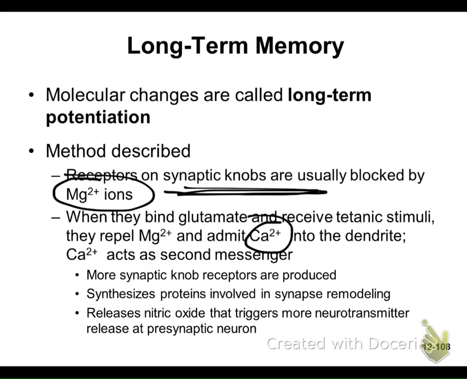And when they bind glutamate, now glutamate, go back, what kind of neurotransmitter was that? It's an amino acid, so it's an amino acid neurotransmitter. And did I tell you it was normally excitatory or inhibitory? Go back and look. Glutamate.